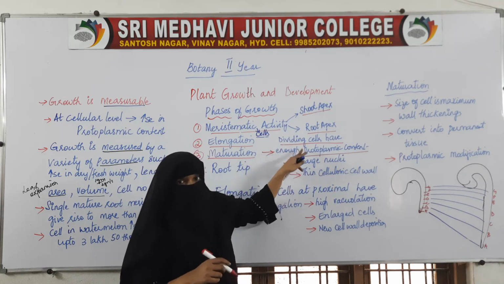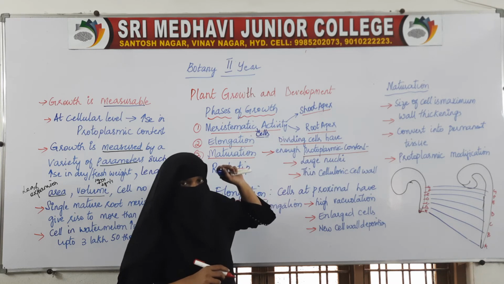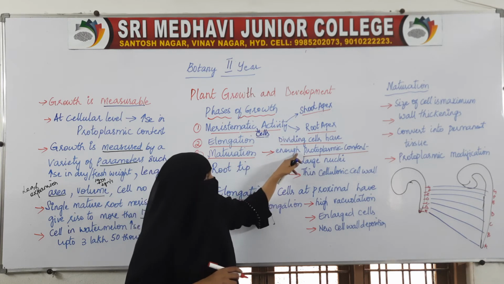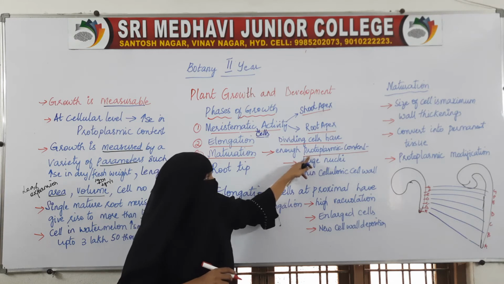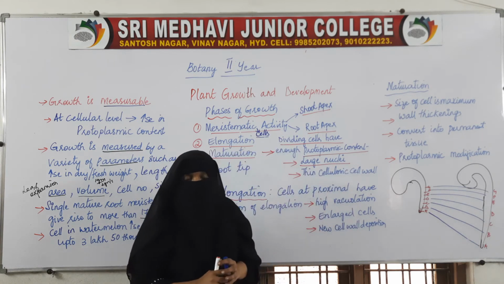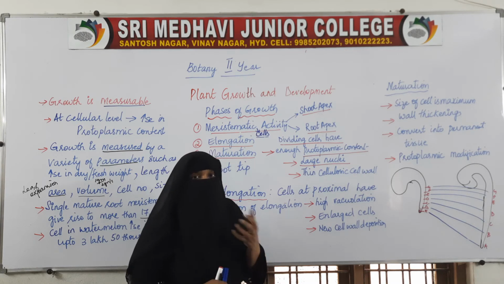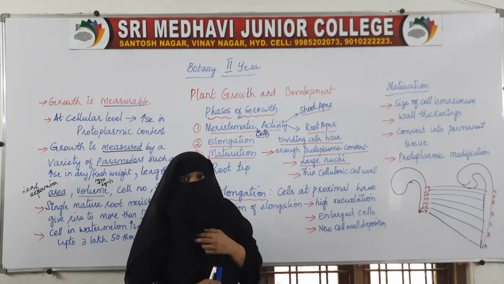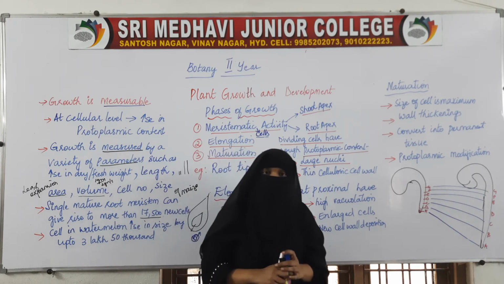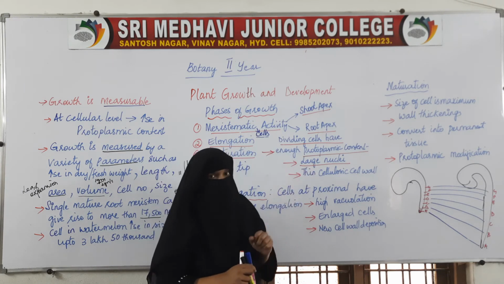Meristematic cells will have enough protoplasmic content and they have large nuclei, because the nucleus is the main organelle which coordinates the functions of the cells.